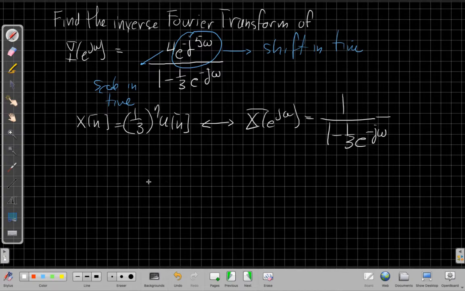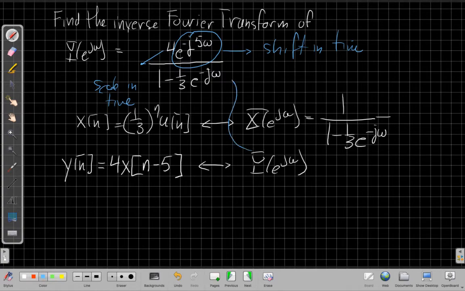Looking at this, the scaling, multiplying by 4 in frequency, scales by 4 in time. So this signal, y of n, will be 4 times x of n, and then multiplying by the exponential means a delay when I compare things. This would be a delay by 5, comparing with what we have right above, Y of e to the j omega.